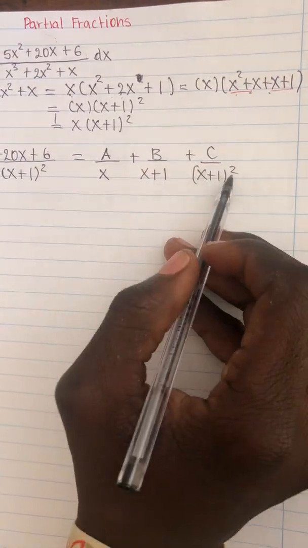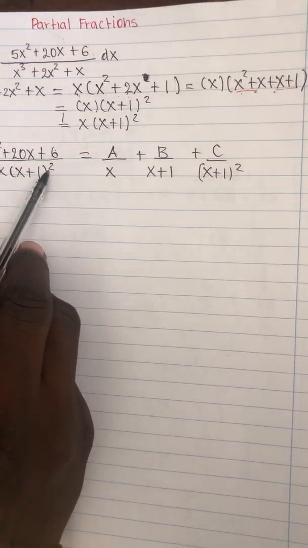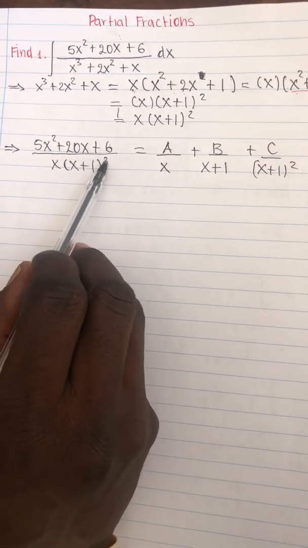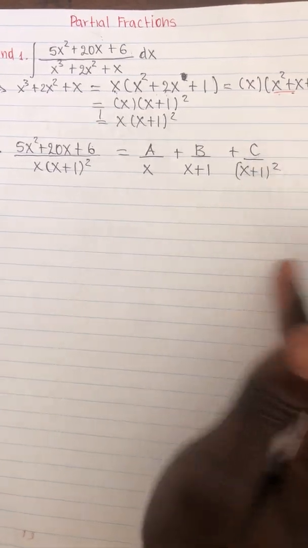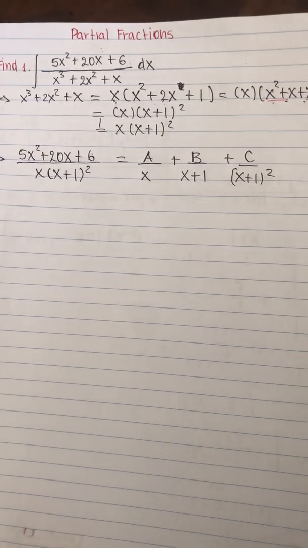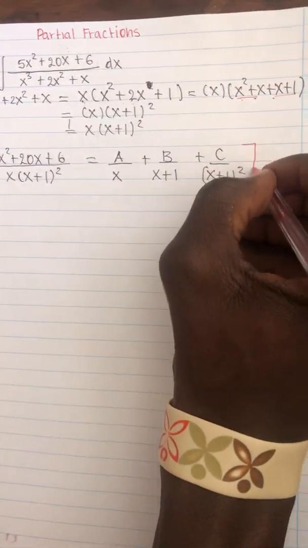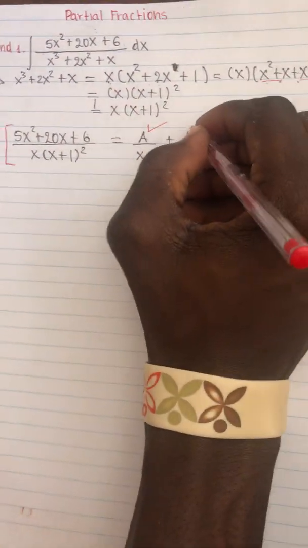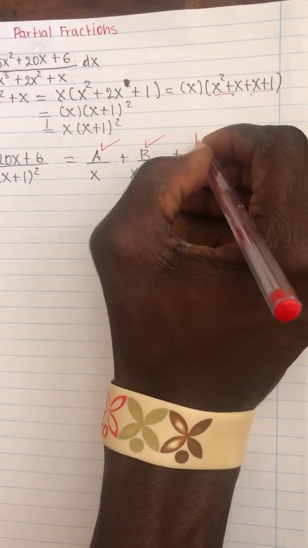Can you see, the power is 2, so I have to stop where the power is given. If it was 3, I'm gonna go again for 2 until I stop at 3. If it's 4, and so on. So now we have to find the values of A, B, and C.